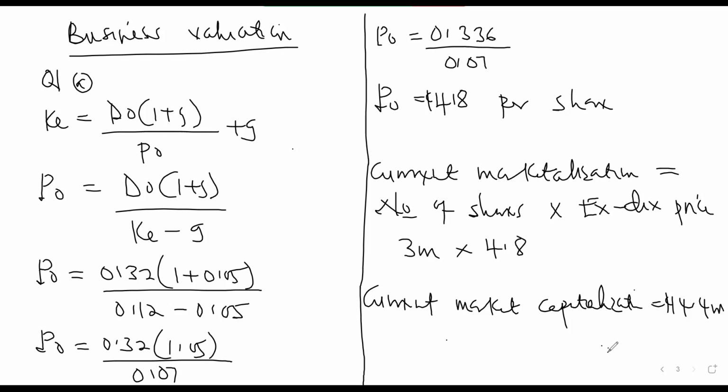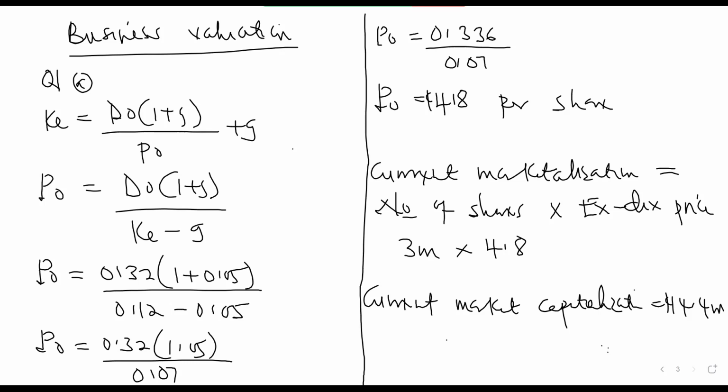But if you go to the stock exchange market, the value of the company's shares there is what we call the market capitalization. That is always calculated as the ex-dividend market price times the number of shares. All right, so we are done with the A.